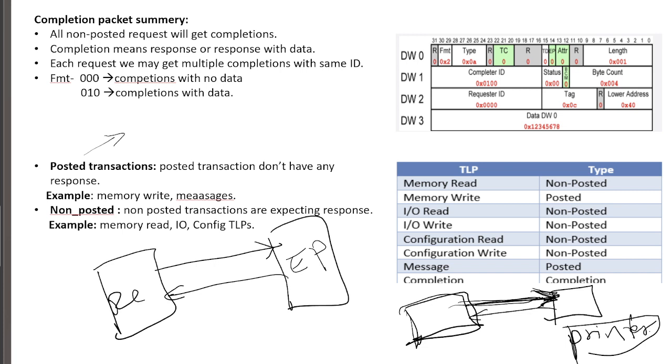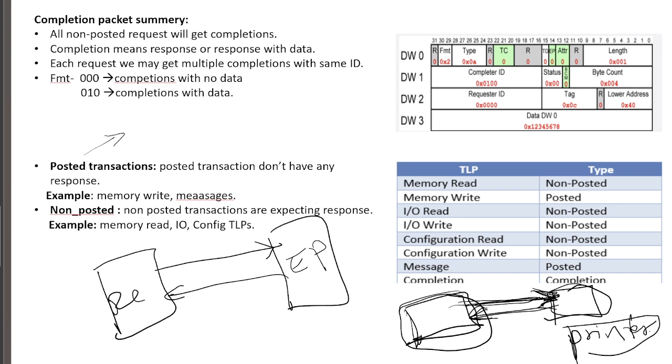The processor is connected to a peripheral device, and if you don't get any response, completion meaning response, we call it a posted transaction. One is memwrite, another is messages. We'll see the significance of messages in the next slide. As of now, understand that messages are also posted transactions.